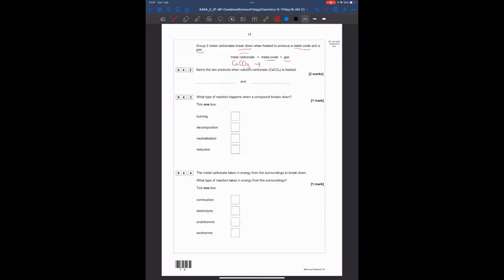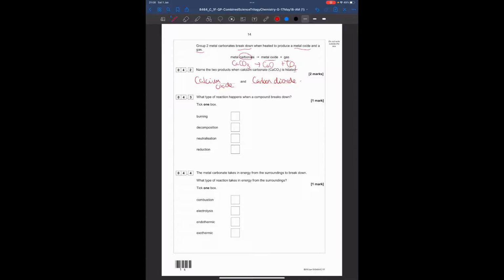Now, as it is a carbonate, what gas is likely to be produced? Well, it's likely to be CO2. So I've used up a carbon atom and 2 oxygen atoms from this compound. So what does that leave me with? Well, it leaves me with 1 calcium atom and 1 oxygen left over. So therefore, my products would be calcium oxide and carbon dioxide.